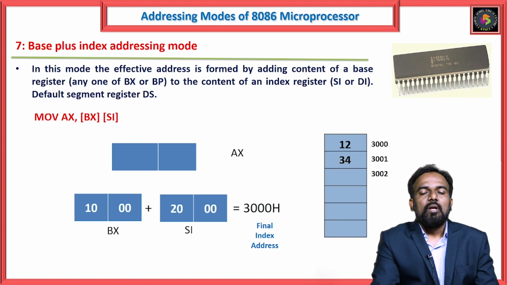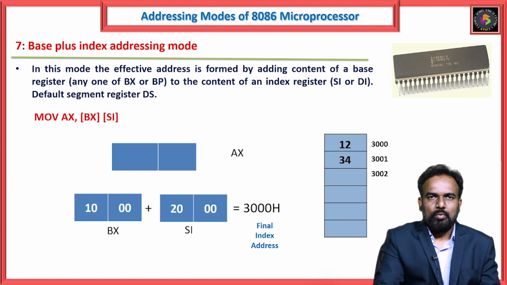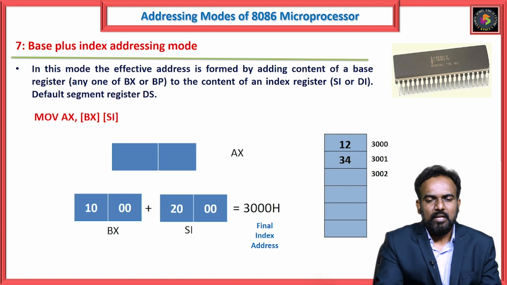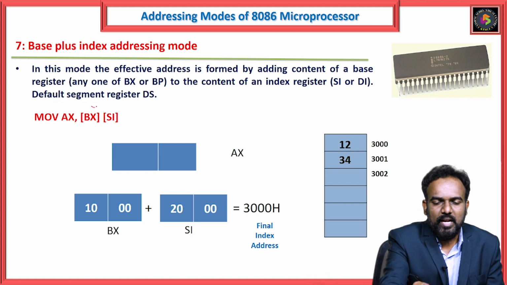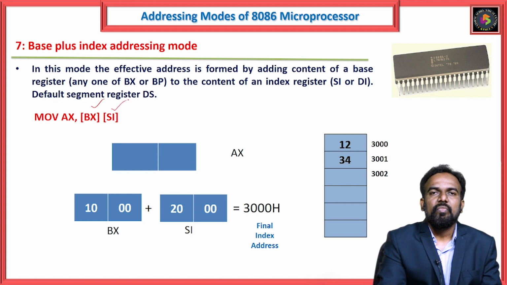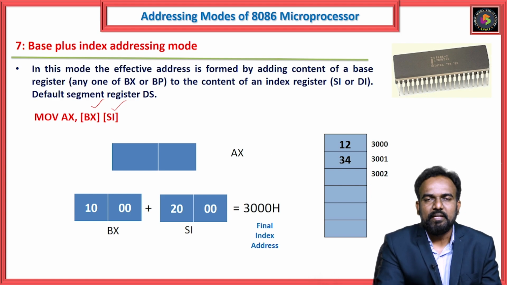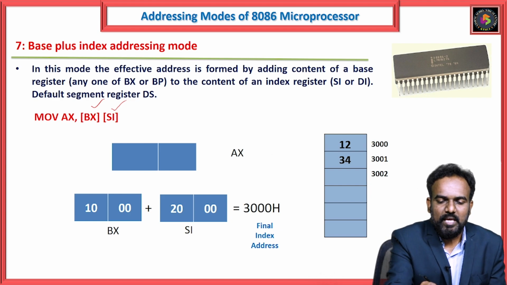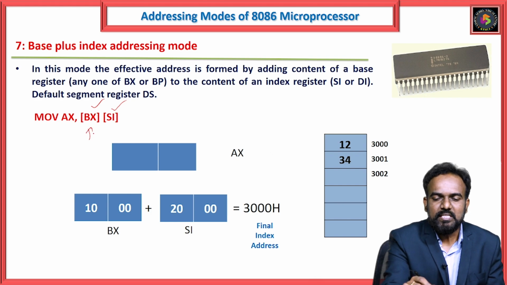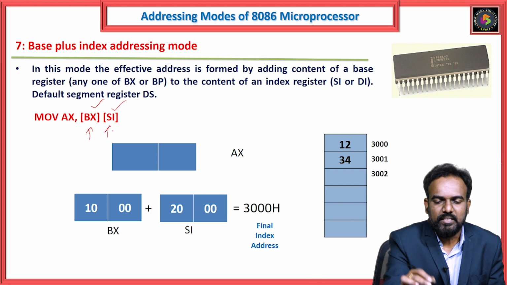Next one, base plus index addressing mode. The name itself tells that the operand must be a combination of a base register and an index register. Here, MOV AX, [BX][SI]. Here BX is a base register and SI is an index register.